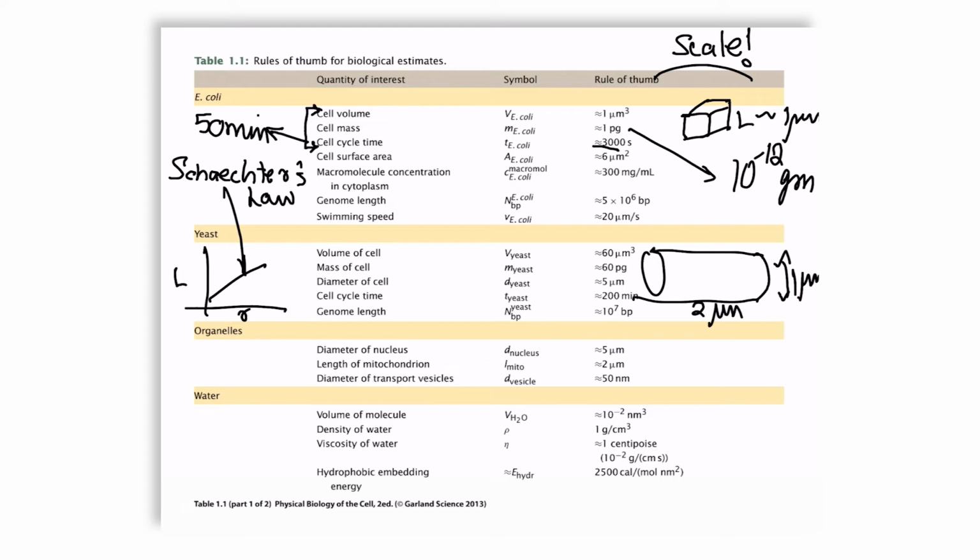And the cylinder has spheres on top, so we can add that, and we are referring to the surface area. This is 1.5 micron square.